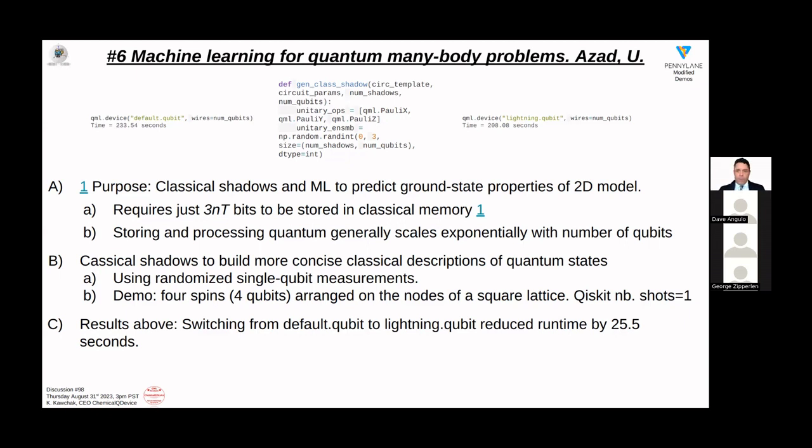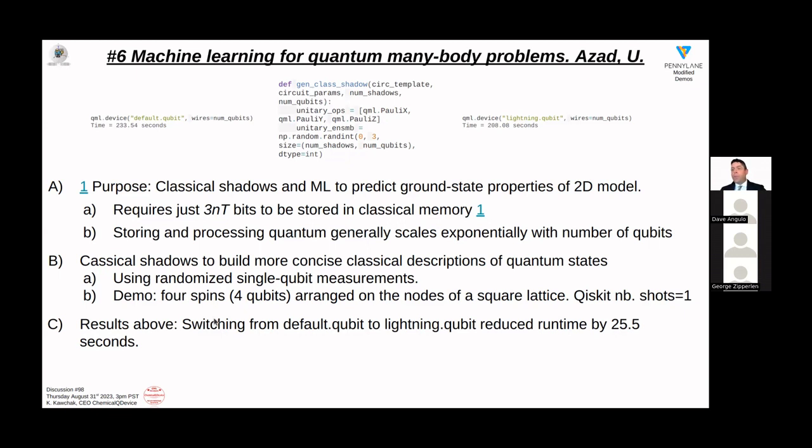So that's the big thing with this, the RAM requirement for classical shadows. And it's doing things in a different way. Again, there's a lot more information in the demo. I just want to give you kind of a brief on this. So it's a four qubit system. A lot of times, for images, each pixel is a qubit.